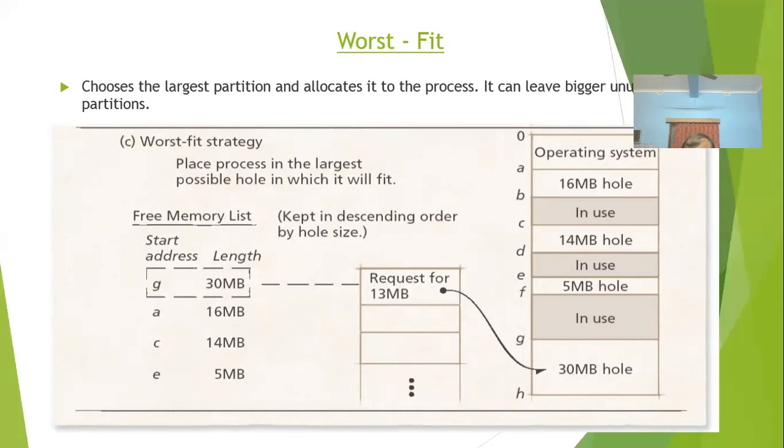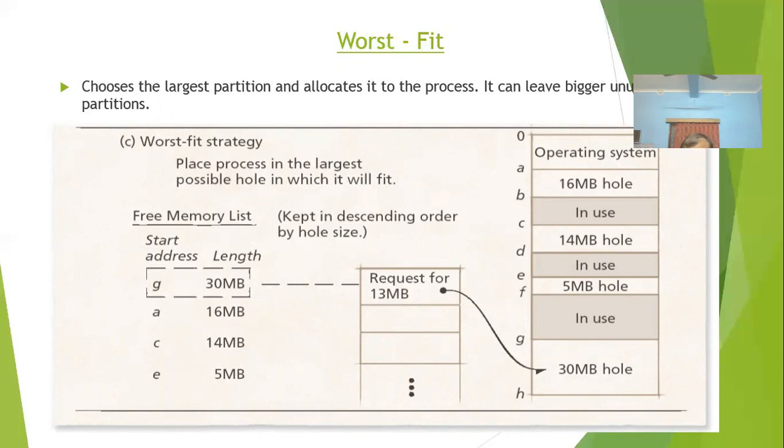So you can easily see from the example shown in the slide that you are getting a request of 13 MB, but among all the free memory locations, the maximum sized location is 30 MB, and you are allocating the process to the memory location which starts from starting address G.